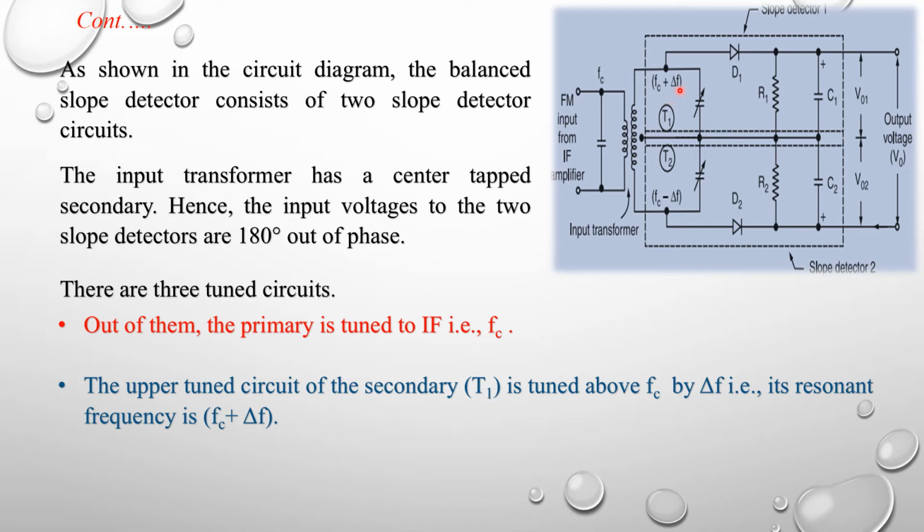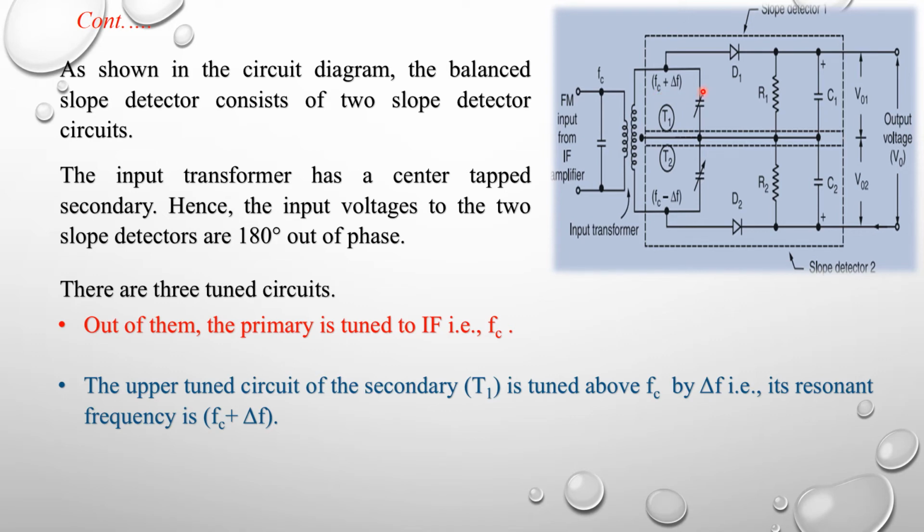For example, assume the carrier frequency is 10 kilohertz. The slope detector 1 tuning circuit frequency is Fc plus delta F, and we know that Fc is 10 kilohertz. Let us assume the change of frequency is 5 kilohertz.